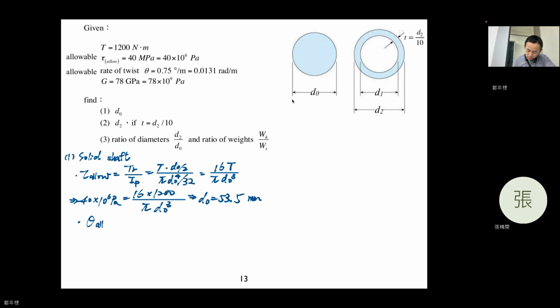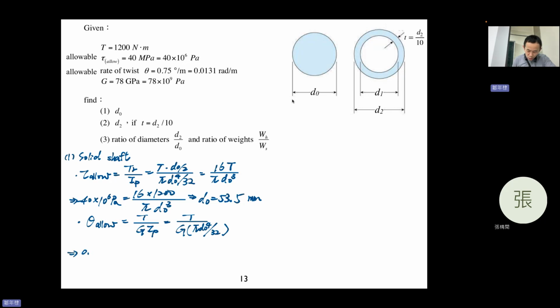Theta equals T over G IP, equals T divided by G pi D0^4 divided by 32.